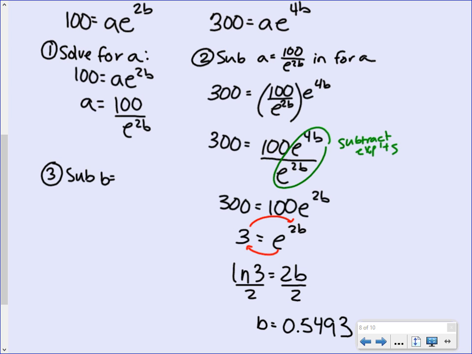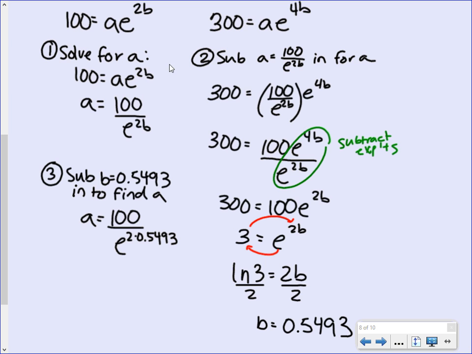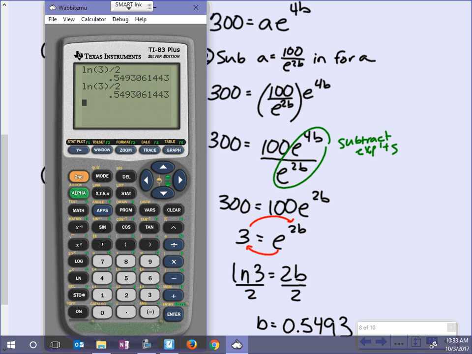Sub b equals 0.5493 into find a. So to me, the easiest way to do it is to go back to my step 1. A equals 100 divided by e to the 2 times 0.5493. And I'll pull up my calculator.